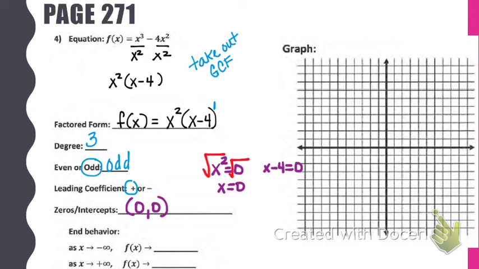So 0, 0 is one of my intercepts. And for my second one, I need to add the 4. So x equals 4 is my second intercept. So go ahead and put 2 points. One at 0, 0. And one at 4, 0.